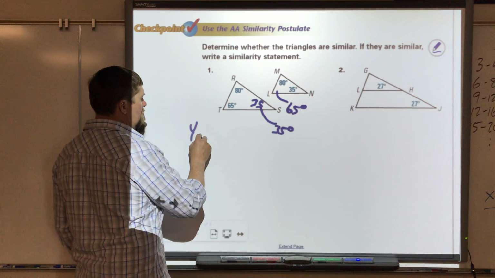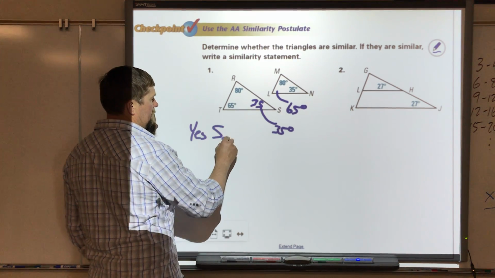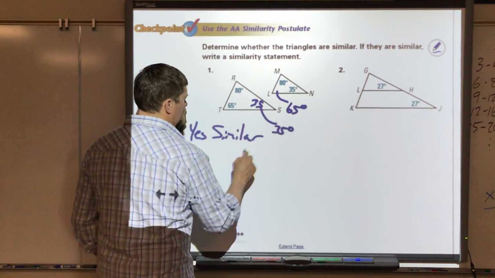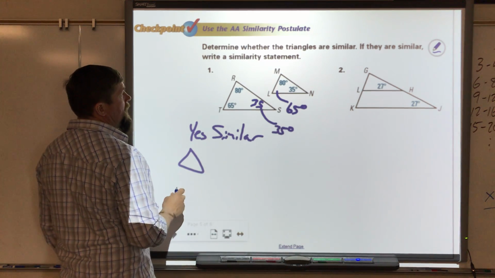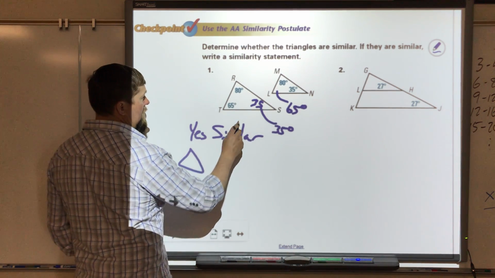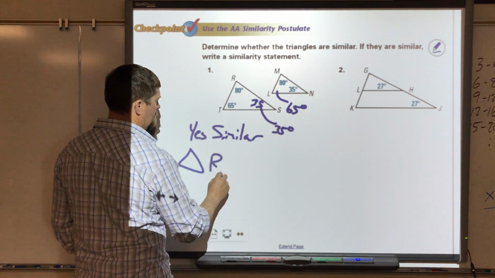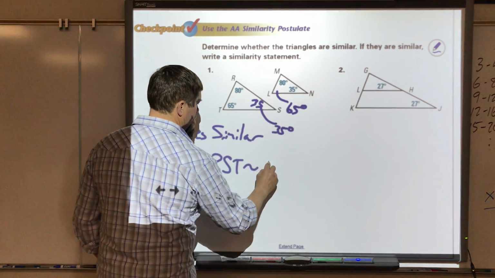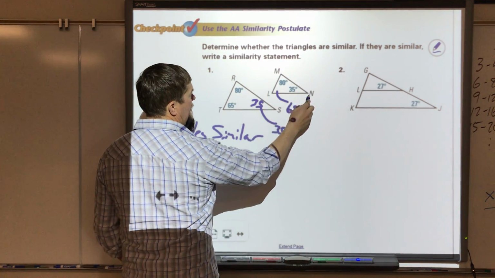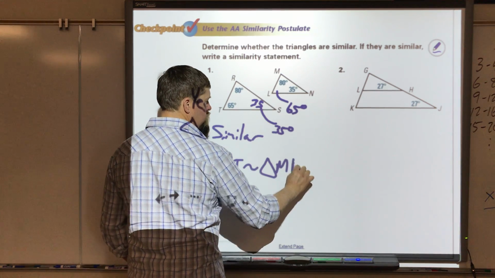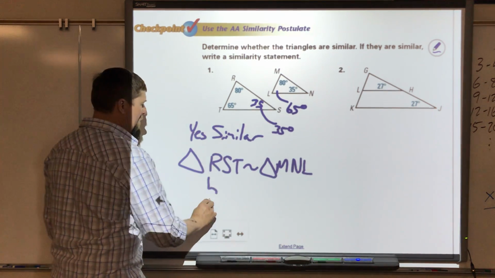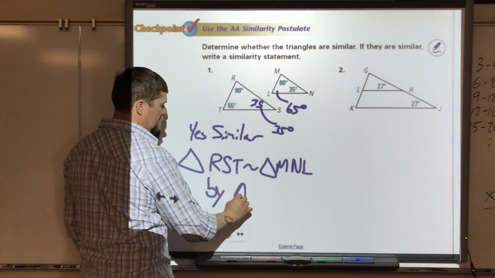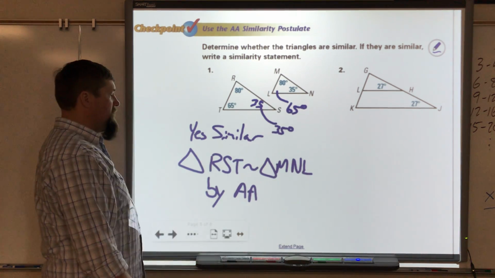So yes, they are similar. Triangle, let's start with RST, is similar to triangle MNL by angle-angle postulate.